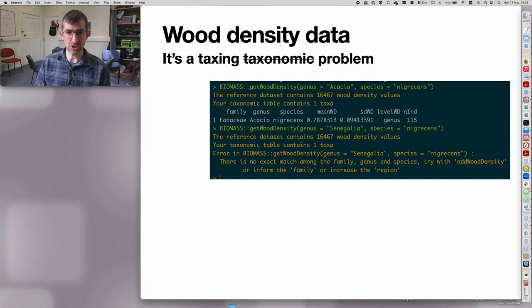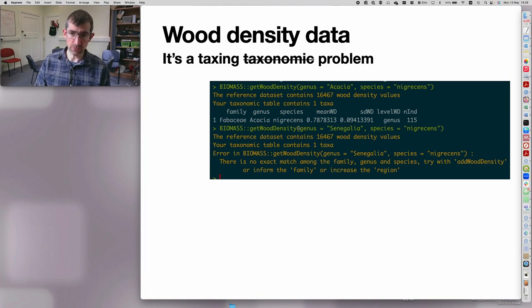So the family, the genus, the species, the mean wood density, 0.78, 0.79, standard deviation about 0.1. It's matched it only at genus level though, but you get 115 of them. So that's basically all the Acacias in the wood density database, there's 115 of them, and that's their wood density. So it's not great because it hasn't been able to match to your species, but at least you've got a lot of data in there.